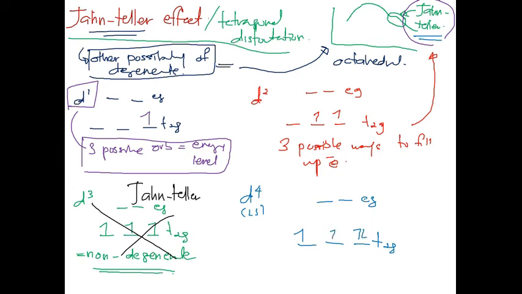So you have 3 possible ways juga. Okay, so you ada a few ways lah, 3 possible ways. So d4 with high spin and low spin complex, you can observe the Jahn-Teller effect.